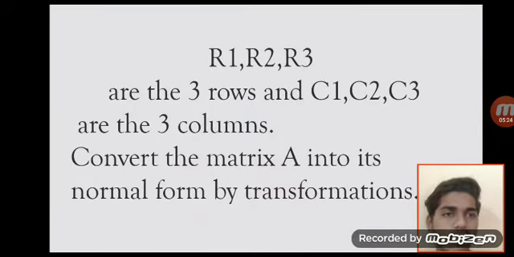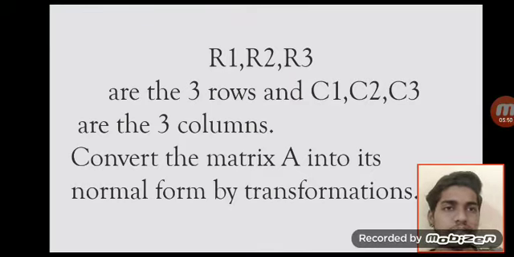Rows are R1, R2, R3, and C1, C2, C3 are the 3 columns. Convert the matrix A into its normal form by transformations.